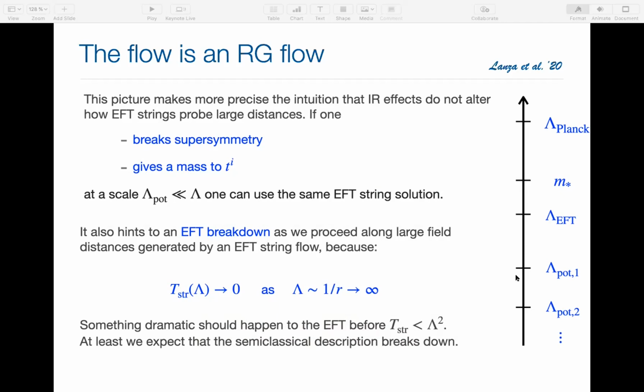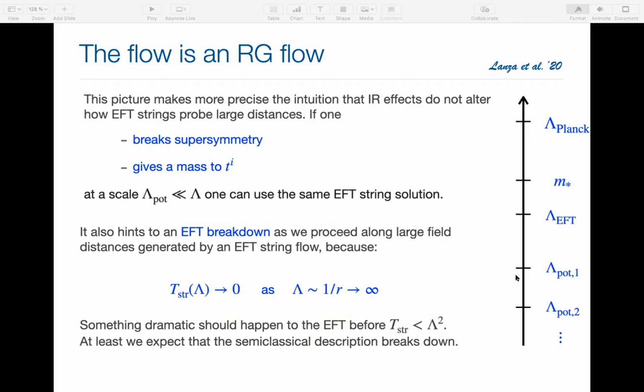Also, it already hints at why there should be some sort of EFT breakdown when you go along large distances, because as I told you, when you increase the UV, you go along large distances, which means that the tension goes to 0. And then the EFT cutoff goes up.